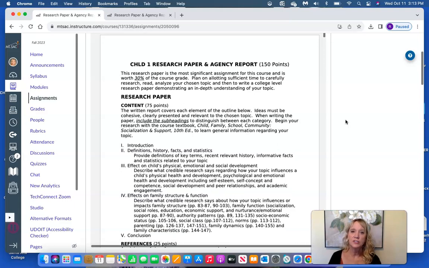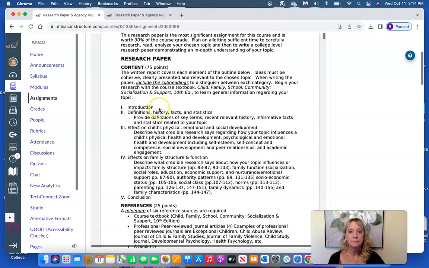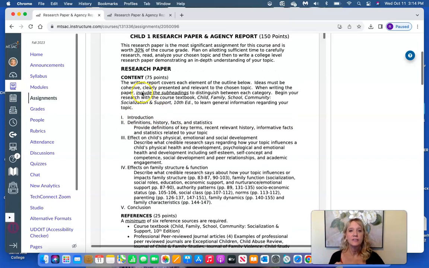So what you're going to do is have the cover of each of your outline, and it must be presented in this way, okay? For your research paper, it's going to be an introduction, and you're literally going to write the subheadings. So include the subheadings to distinguish each area of your paper.